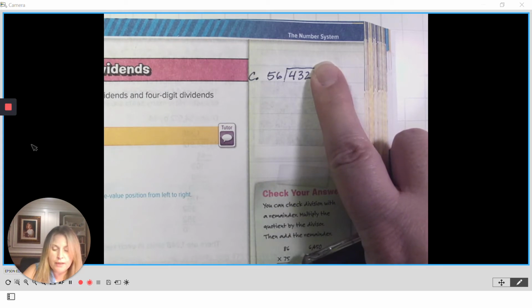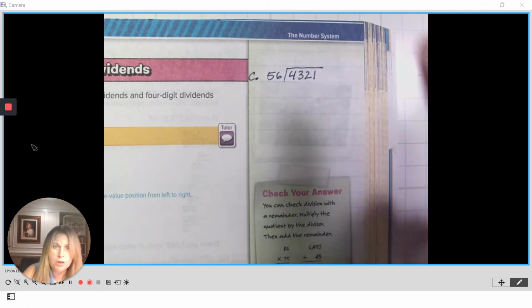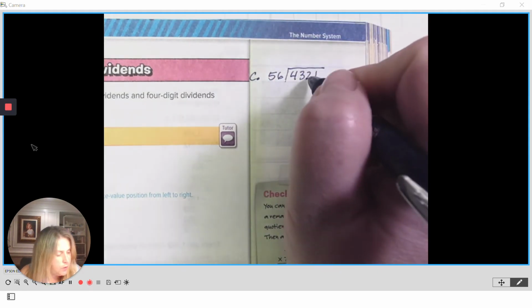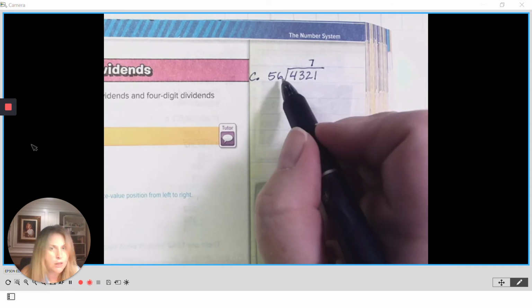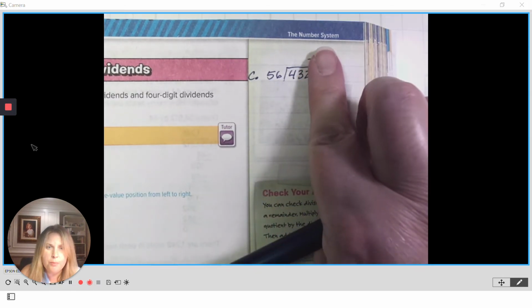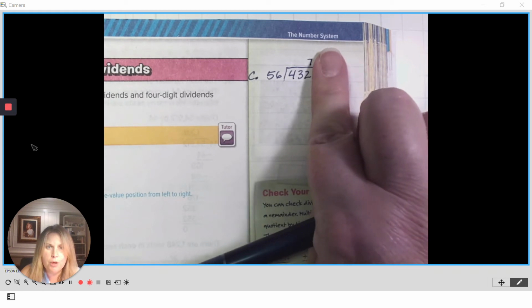Yes. Okay, so if I take the 56, 400, I'm going to estimate around 7 there. So let's see if that will work for us. 7. Okay, 7 times 6 is 42. So how I estimated that 7, I should pause right there.